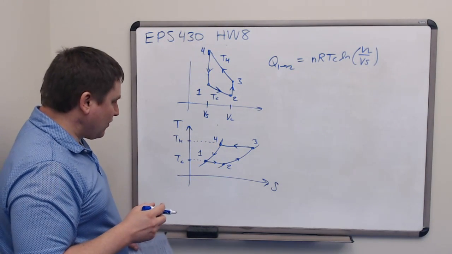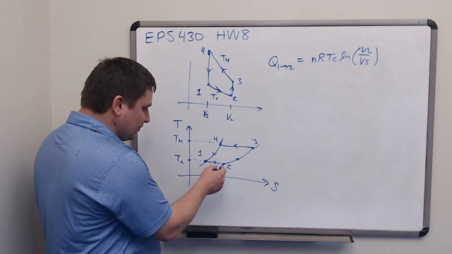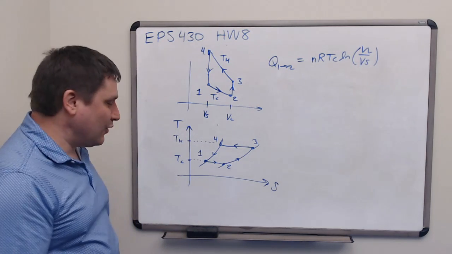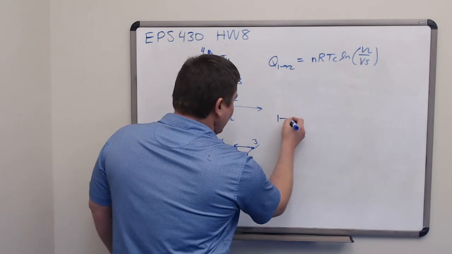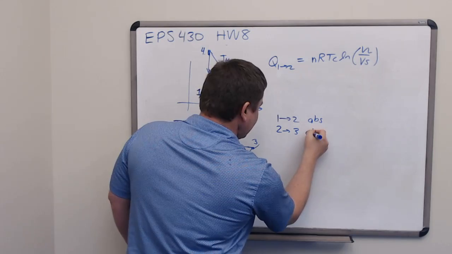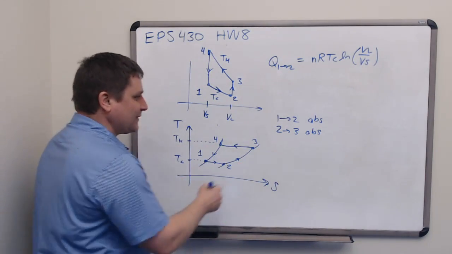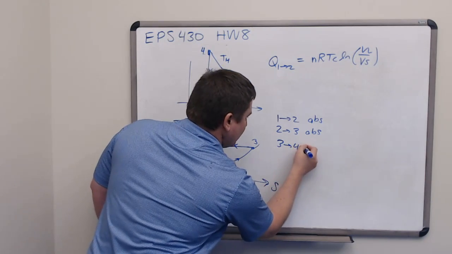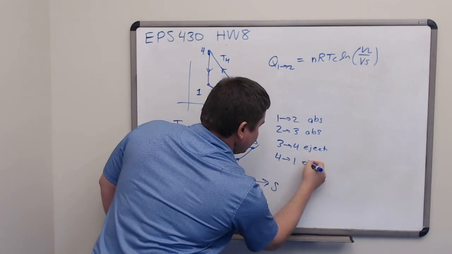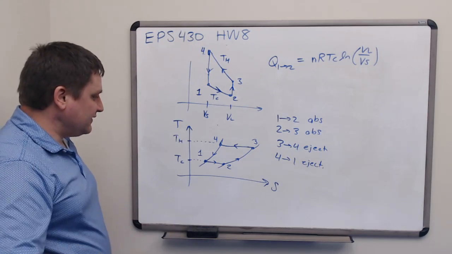And so for the heat absorbing or ejecting, from 1 to 2, we're absorbing heat from somewhere. From 2 to 3, we're also absorbing heat from somewhere. So 1 to 2 must be an absorption. 2 to 3 must be an absorption. We know that purely because it's moving to the right on the TS plot. 3 to 4 must be ejection, and 4 to 1 must be an ejection purely because they're moving to the left. Now, what reservoirs could these come from?